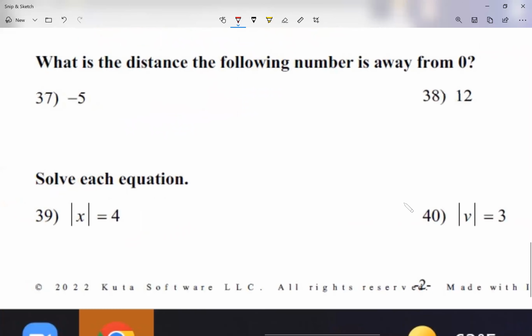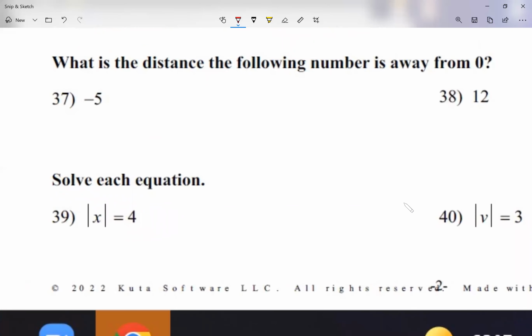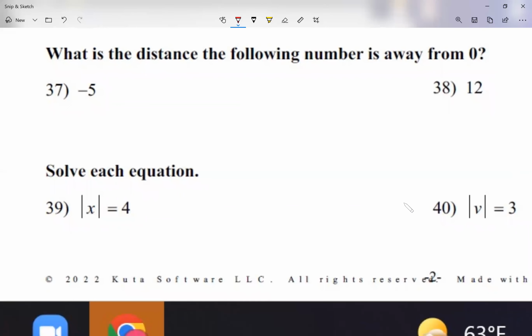Another thing we learn is what is the distance the following number is away from 0. Another way we can write distance for -5, I can write it with these lines on the outside. We call that absolute value. So that's one way I can see this, or I can see it as a number line. There's 0.